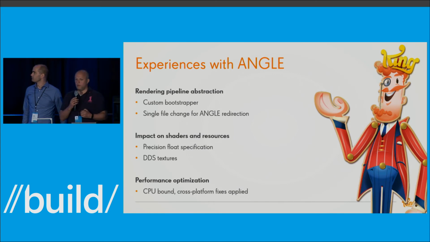Some of you who have used OpenGL ES earlier have abstracted all the GL calls in a single file, which is the same case here in the engine. Redirecting all the GL calls to Angle meant that we only had to change the header files in one single file. That was pretty much what had to be done to get Angle working, a very rapid implementation. So it didn't take very long for us to get the rendering working and everything blitted on screen.